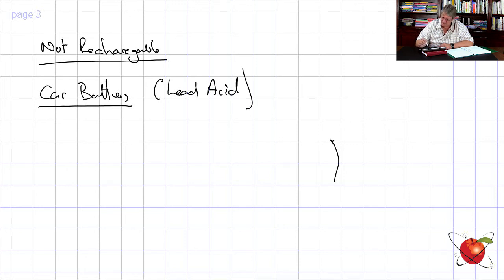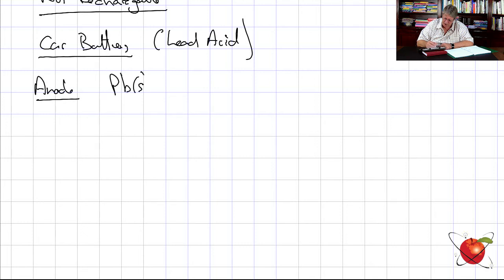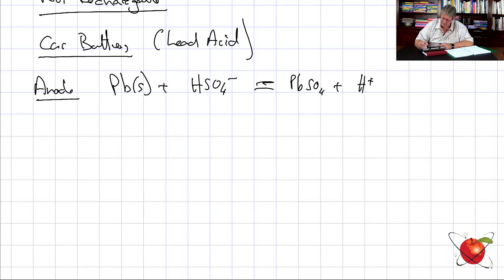And the lead acid battery, you'll see now, the anode is basically like this. The lead is Pb solid plus HSO4 minus going to PbSO4 plus H plus 2 electrons.